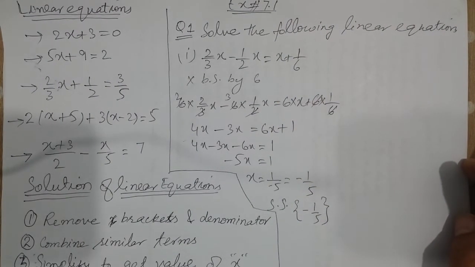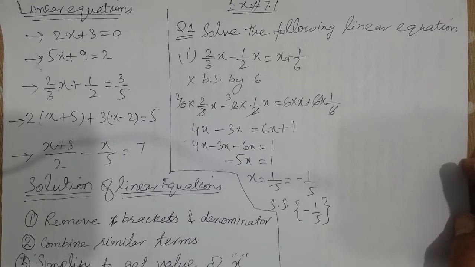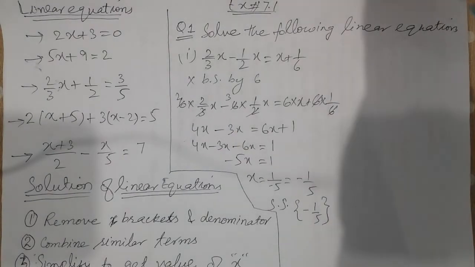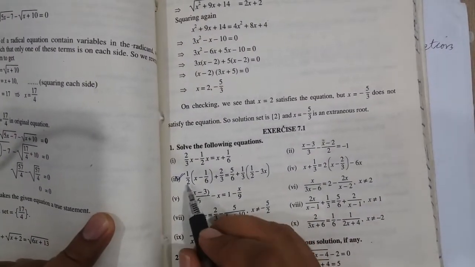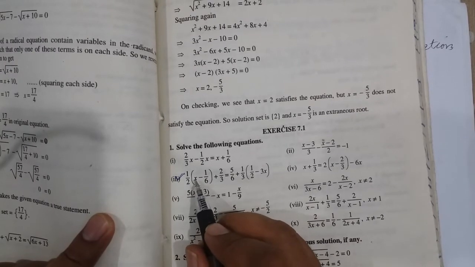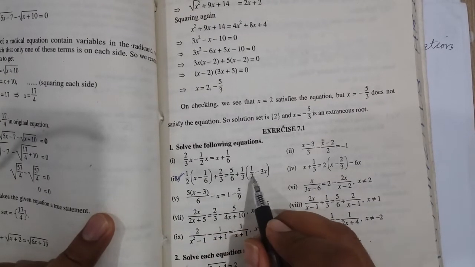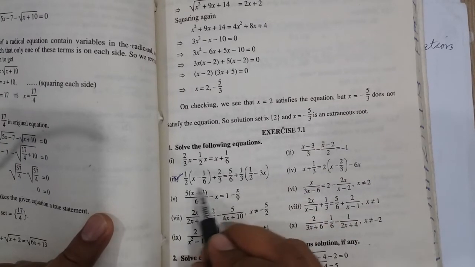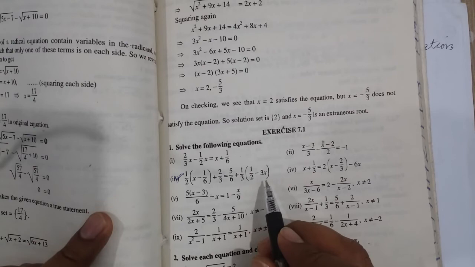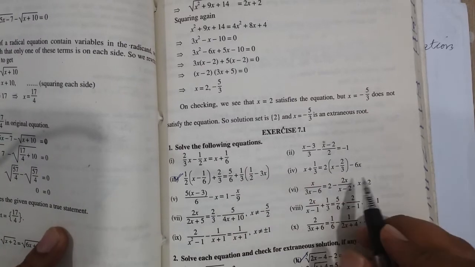By removing the bracket, then you will multiply by the LCM, like the third question. Here a bracket is given, so first 1/2 will be multiplied inside, and here 1/3 will be multiplied, and then you will multiply by the LCM of all the denominators, then the denominator will be removed.